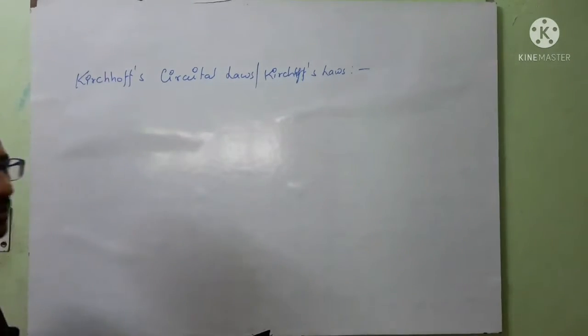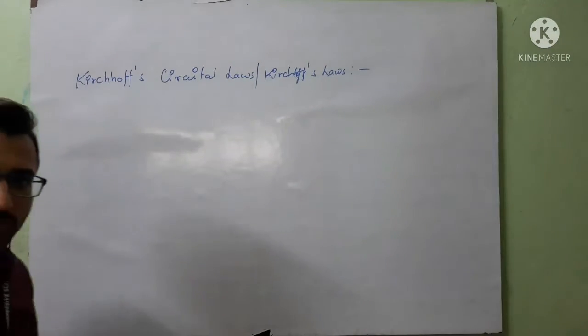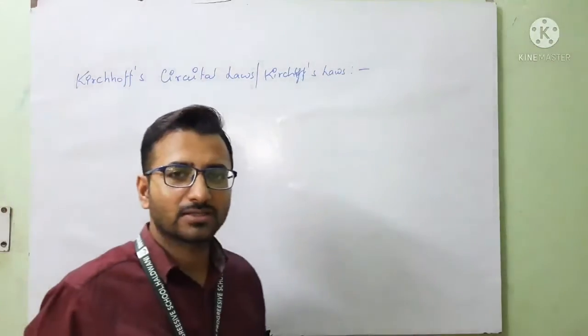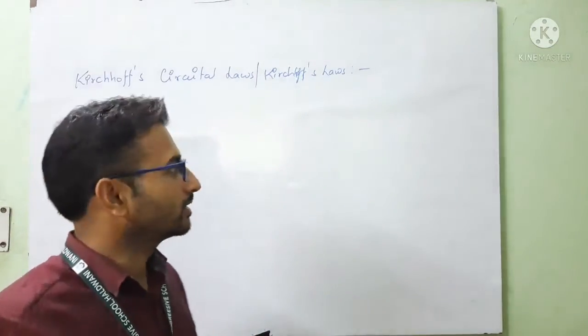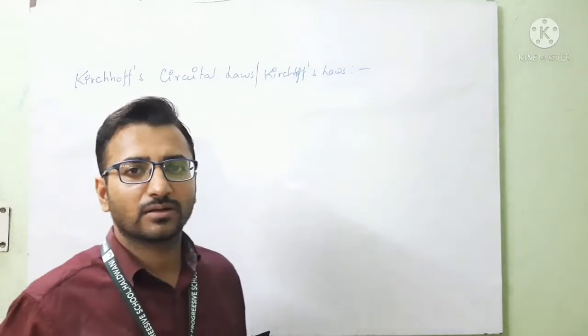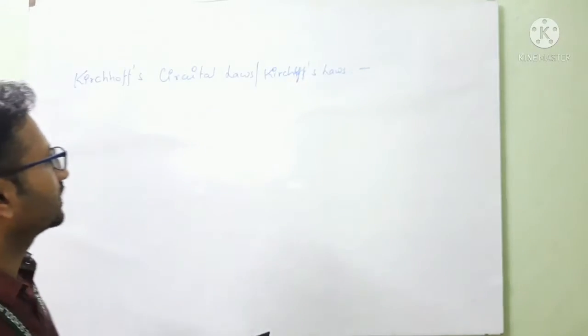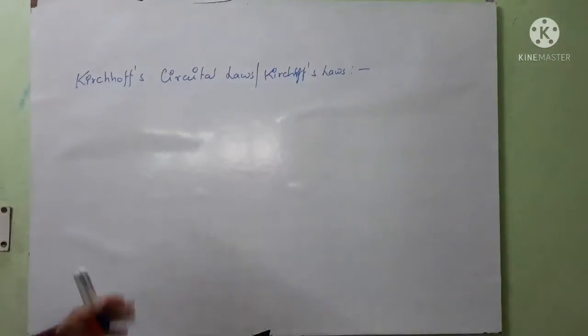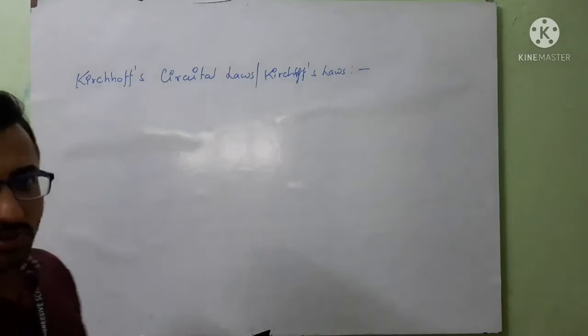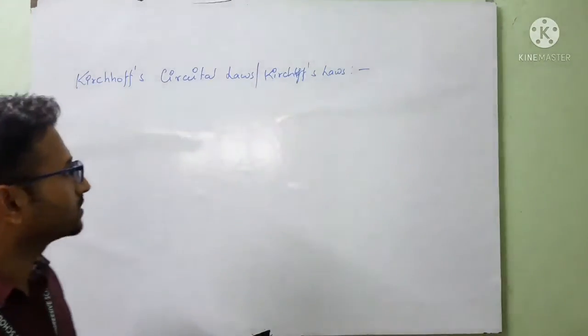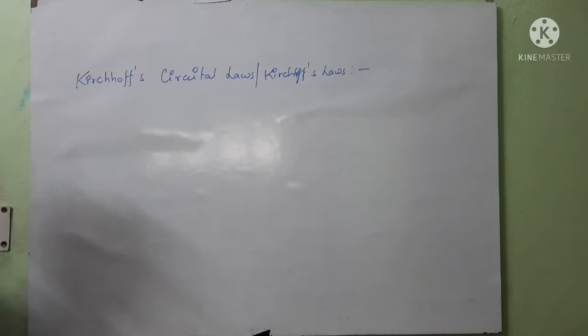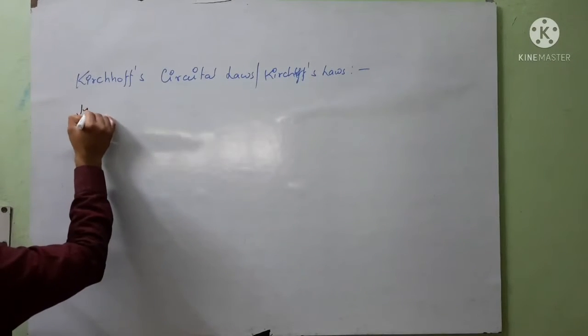Got it? So in 1942, to understand the complicated circuit and to calculate the value of current, resistance and voltage in a complicated circuit, Kirchhoff gave two laws which are known as Kirchhoff's circuital law or Kirchhoff's law. So he gave two laws.